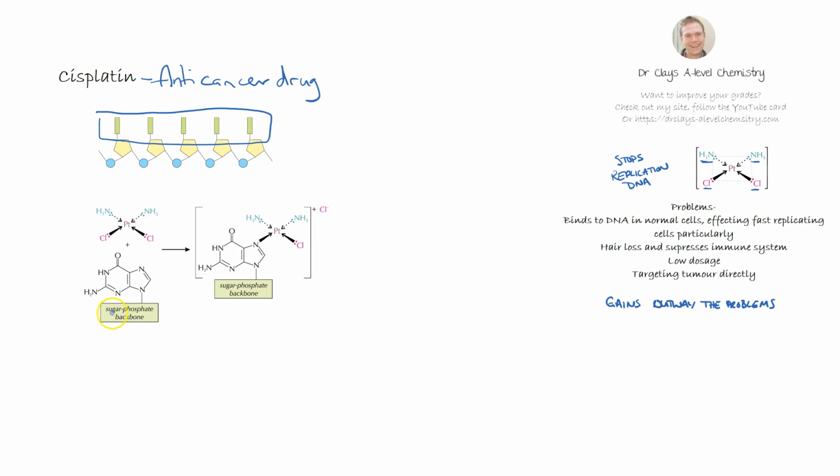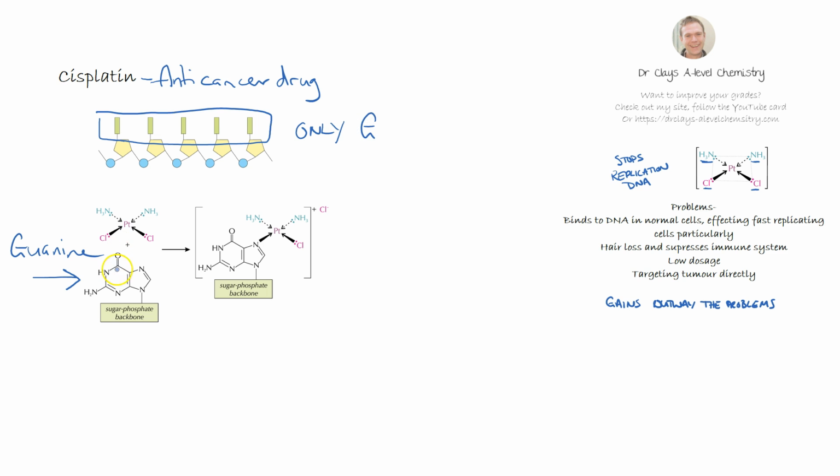Here we can see we've got our sugar phosphate backbone, and we've got our platin or cisplatin, and there might be here some guanine base. Notice this only happens for the guanine, it's only the G base.